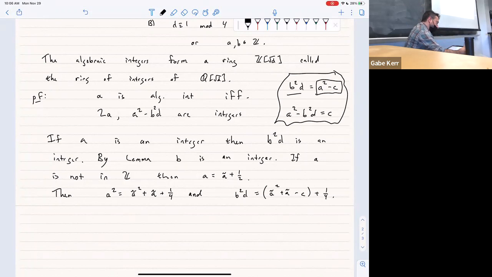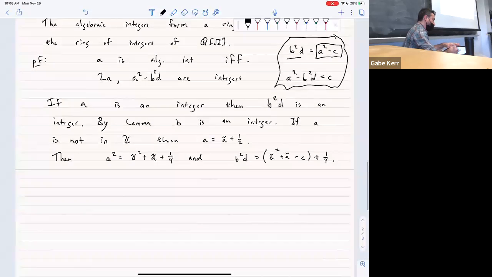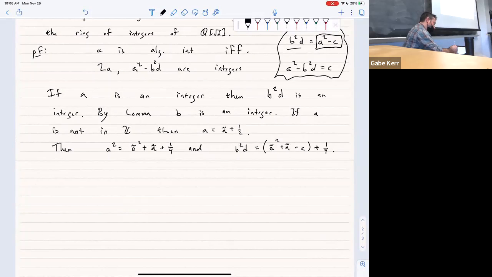That's what I'm trying to get. And now the point is we can multiply everything by 4. Now, this is an integer. This is equal to 2b.